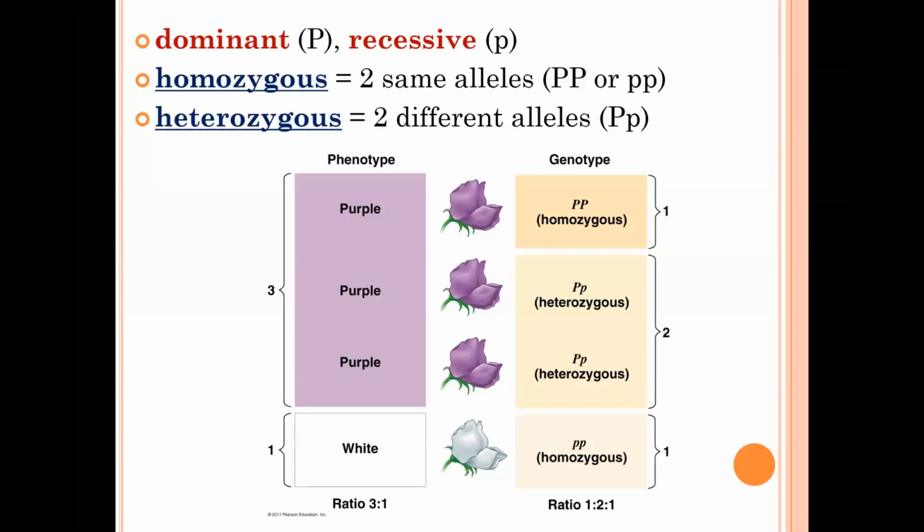I prefer to pick letters where the uppercase looks a lot different than the lowercase. So for hair, I would do the letter H. If straight hair is dominant to curly, straight hair could either be big H, big H, or it could be heterozygous, big H, little h. Curly hair is going to be little h.